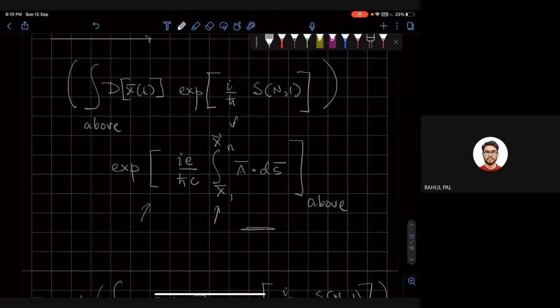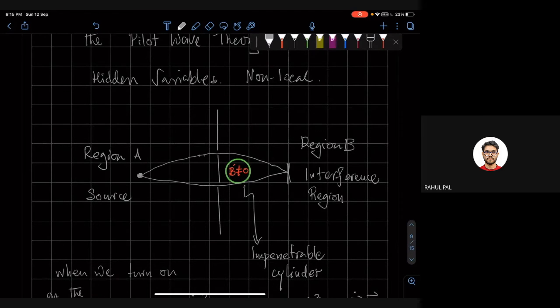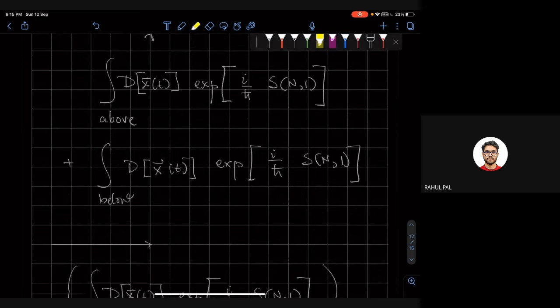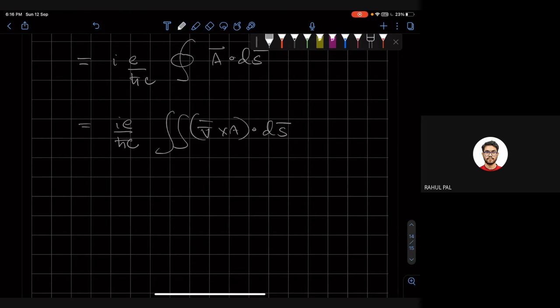In this case, something like this surface. And of course, this surface does have a magnetic field threading through it. So this is B, and therefore we have ie by h bar c, B dot ds, which is just ie over h bar c times the magnetic flux.